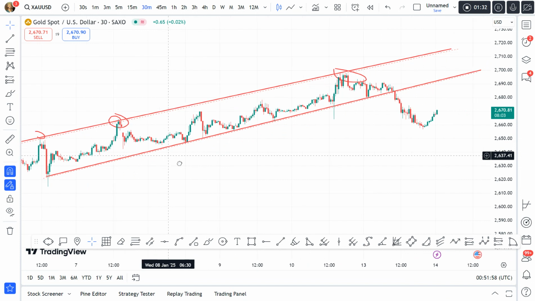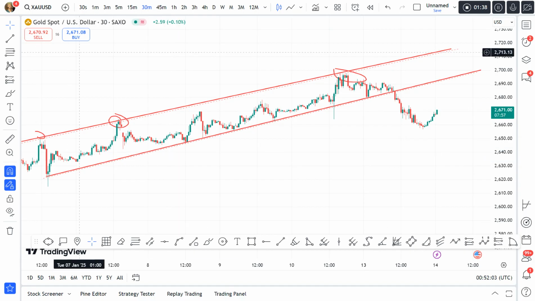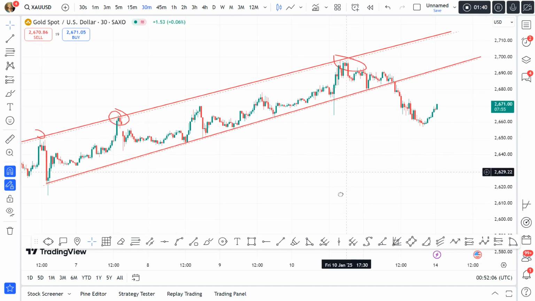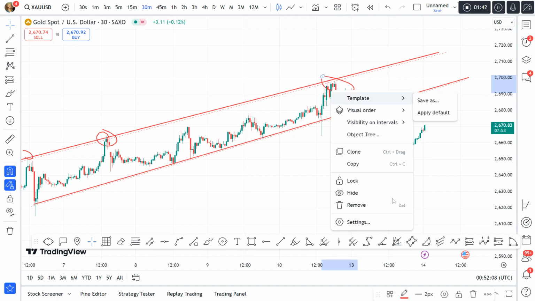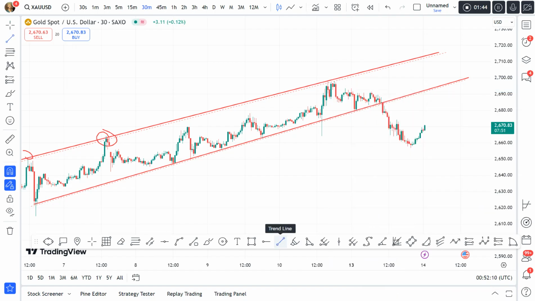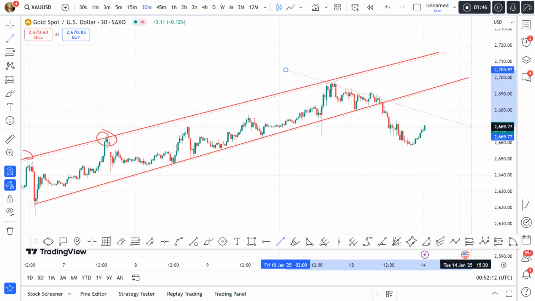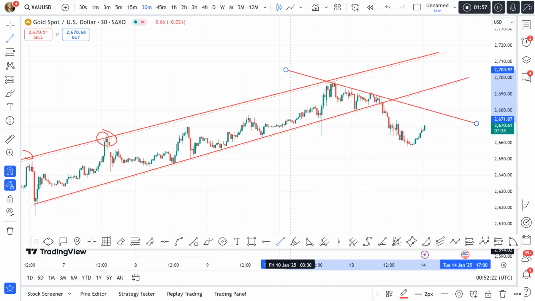Now you see you have a breakout from the ascending channel, and see what price is doing. The market has created another descending trend line, and price has broken out completely from the bullish 30 minutes channel.